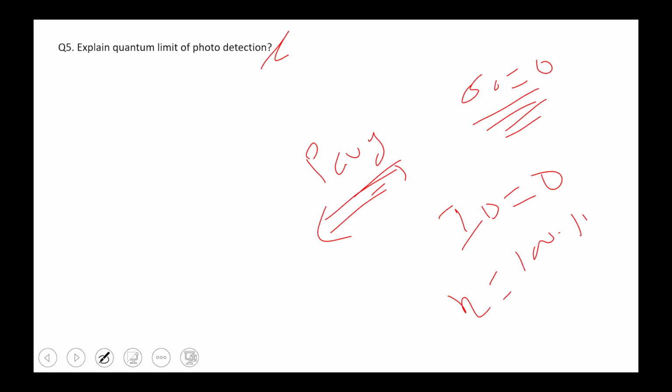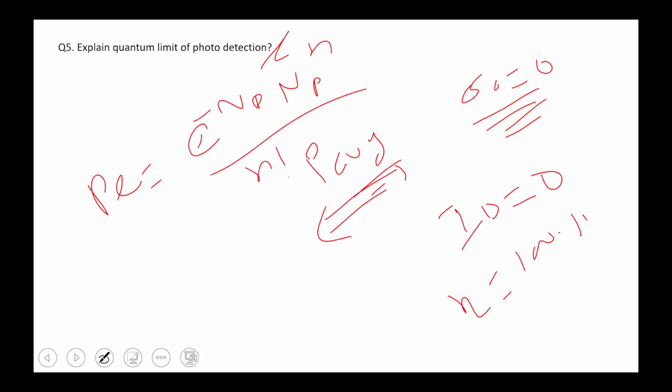Whatever the probability that n photons are received at the detector, it is given by e to the power minus np, times np to the power n, upon n factorial.